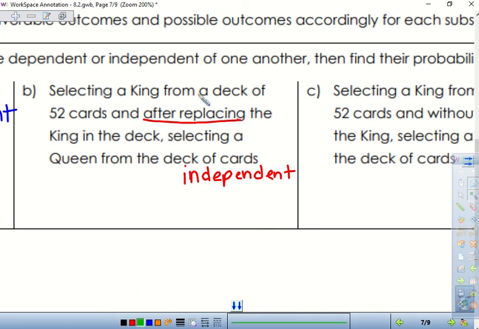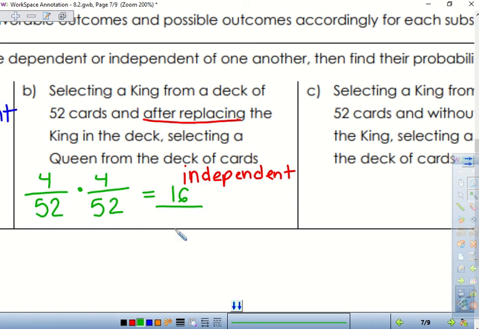So what is the probability of selecting a king? 4 out of 52. And then you want to select a queen. So times, what's the probability of selecting a queen? 4 out of 52. So if you want both of those events to happen, that ends up being 16 out of, I did this math earlier, let's check.